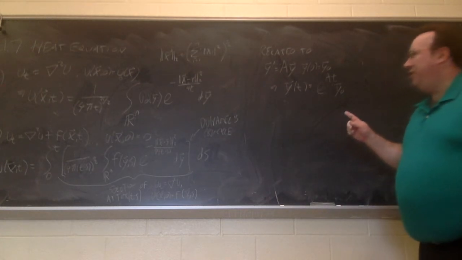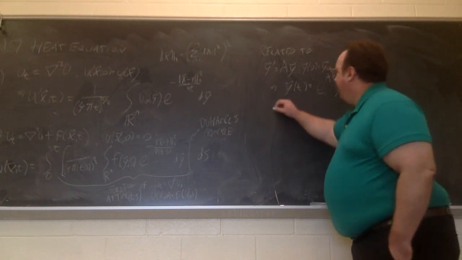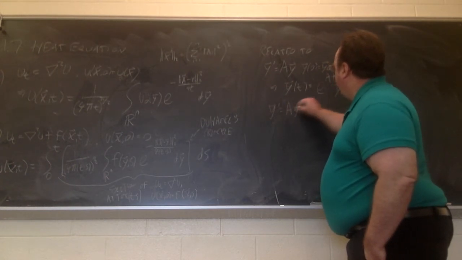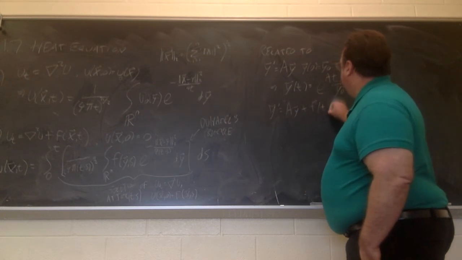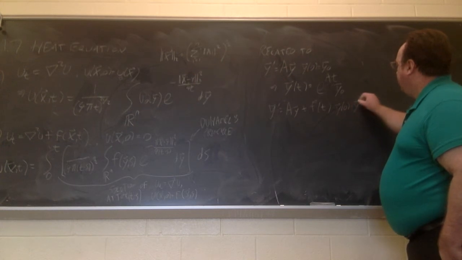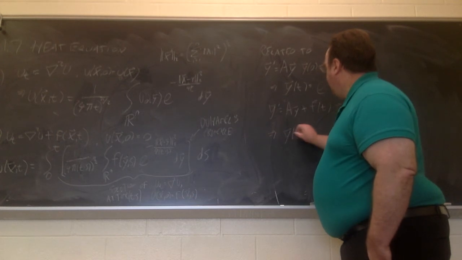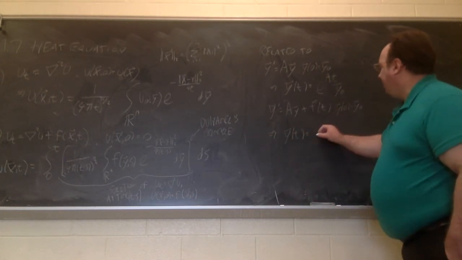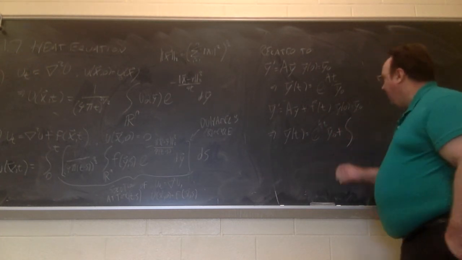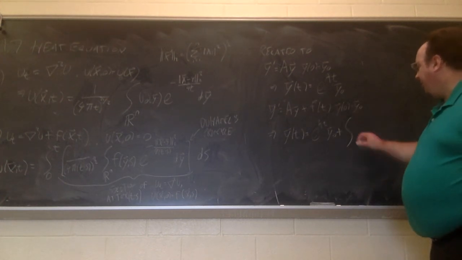Okay, that's the homogeneous system of ODEs. So now if I have y prime equals Ay plus f of t, and I still have the same initial condition, then I can say that y of t is equal to, so I still have this term out front, plus, well, what follows accounts for the source term here.